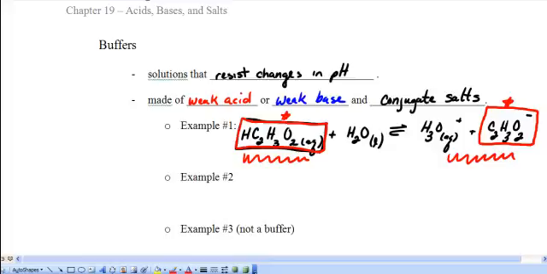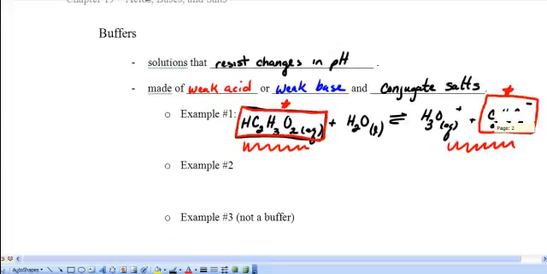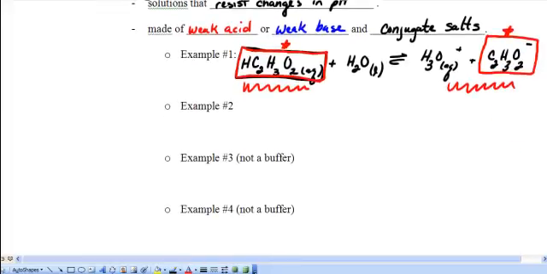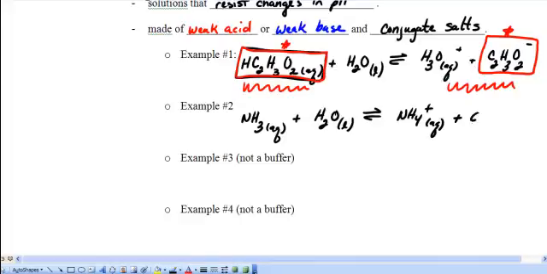Let's try another one. Let's take, say, ammonia, yeah, we'll go with ammonia. And we'll put that into water. That's going to form ammonium and the hydroxide ion. So, here's the weak base.